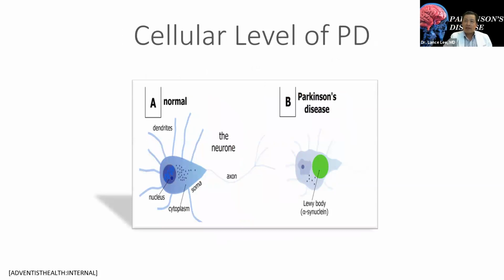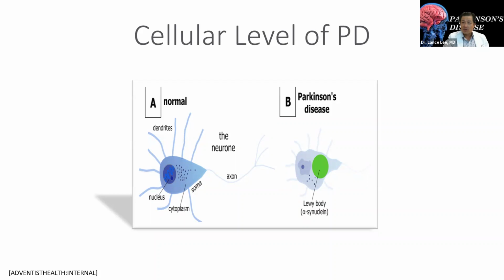What's happening at the level of the cells of the substantia nigra is just like this. The left is a normal looking cell. The right is the diseased, the Parkinson cell. There's a structure called the Lewy body, as you can see in the green. It is an accumulation of protein that shouldn't be there. This is a culprit of what's happening with Parkinson's patients.